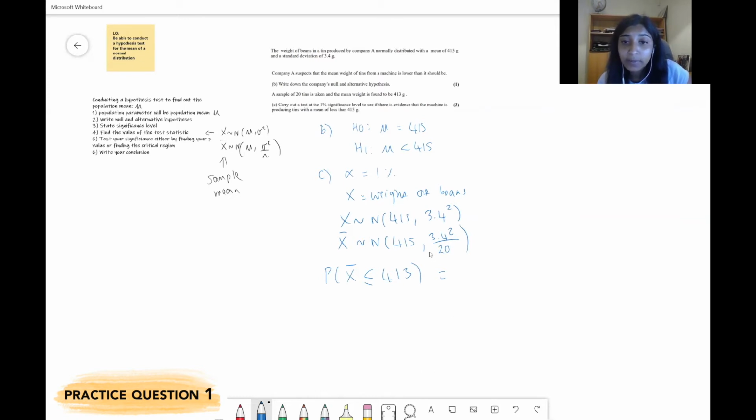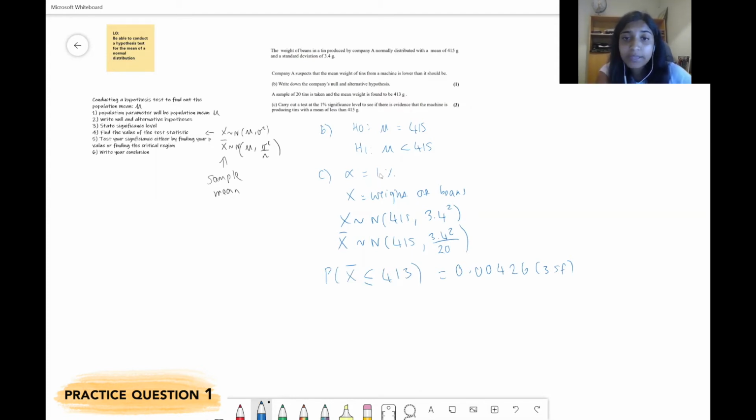Your sigma would be the square root of 3.4 squared divided by 20, and your mu is just 415. If you apply that in your calculator, that will be equal to 0.00426 to 3 SF.